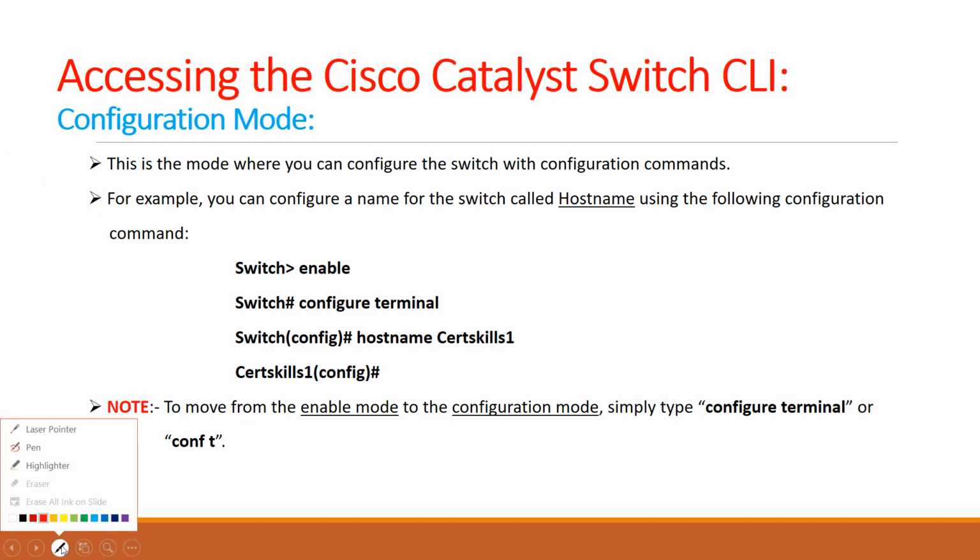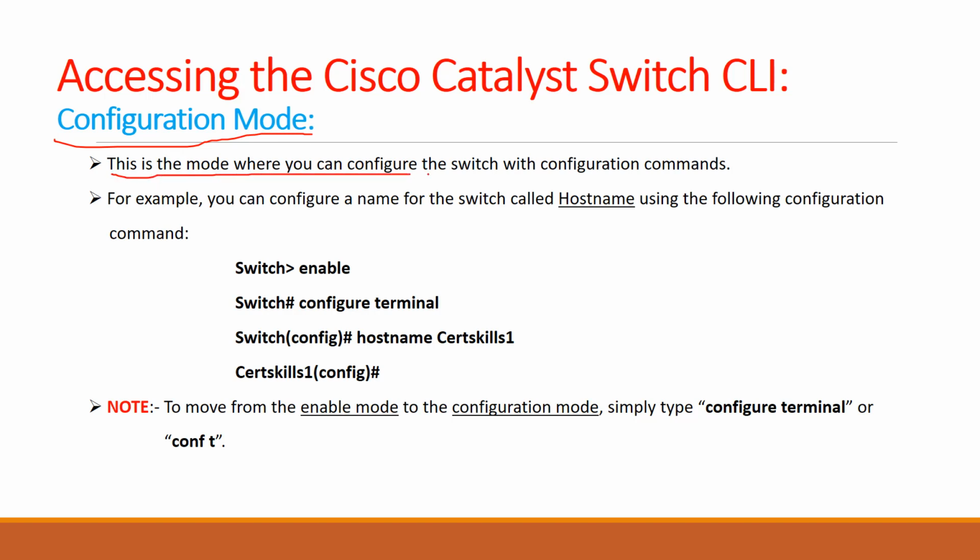Here we are going to discuss the configuration mode, the third mode of operation of the Cisco CLI. In this mode, you can configure the switch with configuration commands. For example, you can configure a name for the switch, called the hostname, using the following configuration command.